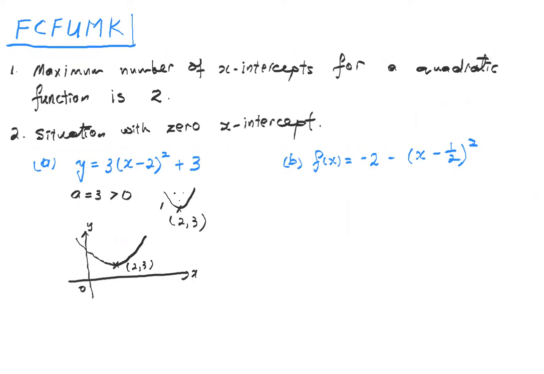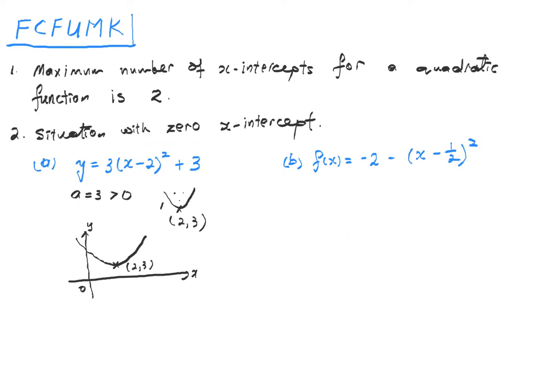No. That's why this is a situation without x-intercept. I purposely do this. There's a reason: I want to bring in a concept. I can straight away know whether it is with or without x-intercept by using a term. After this I will show it to you.